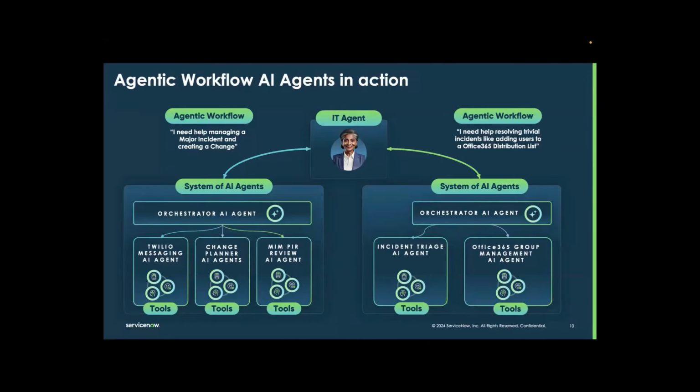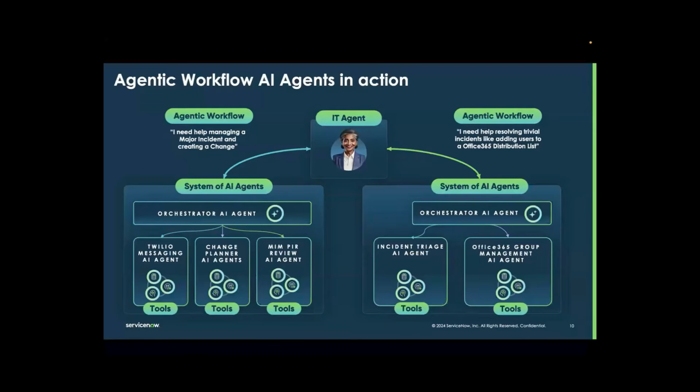For that one, we need 3 different AI agents: a major incident managing AI agent, a change planner AI agent, and a review AI agent, right? So the orchestrator decides when to trigger which AI agent at what process. And if an agent needs to be triggered again, it also decides when to trigger the AI agent again to get another set of results.